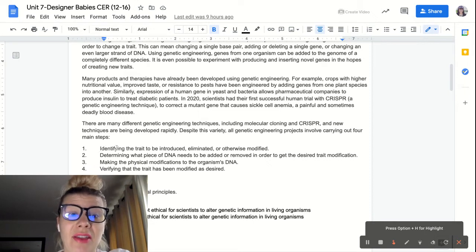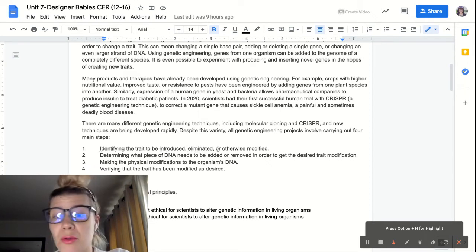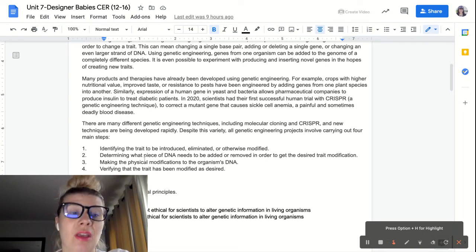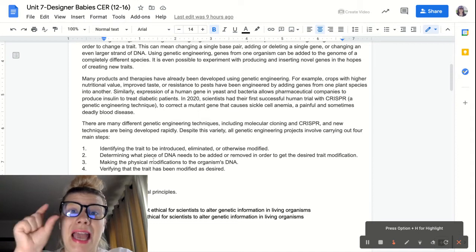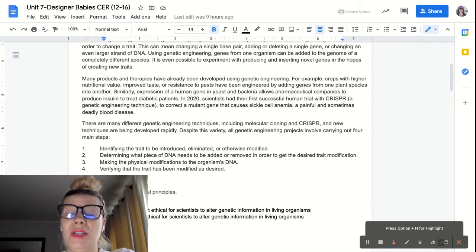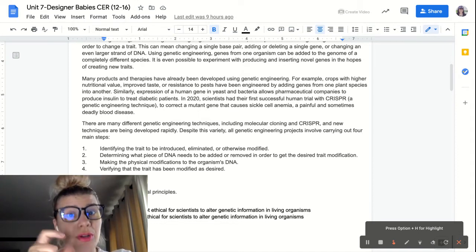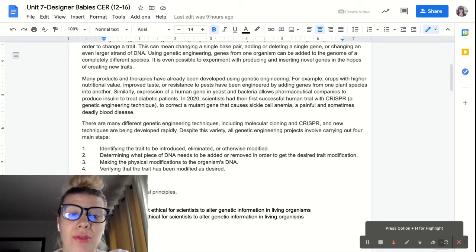So first, identify the trait to be introduced or eliminated or otherwise modified. 2, determining what piece of DNA needs to be added or removed in order to get the desired trait modification. 3, making the physical modification to the organism's DNA. And 4, verifying that the trait has been modified as desired, actually making sure you did what you wanted to do.